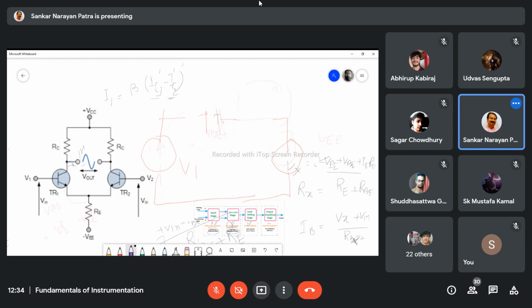I have connected. So VB plus V minus VEE will be my total voltage. And what about the resistance? It is a simple resistance as I have ignored that resistance.